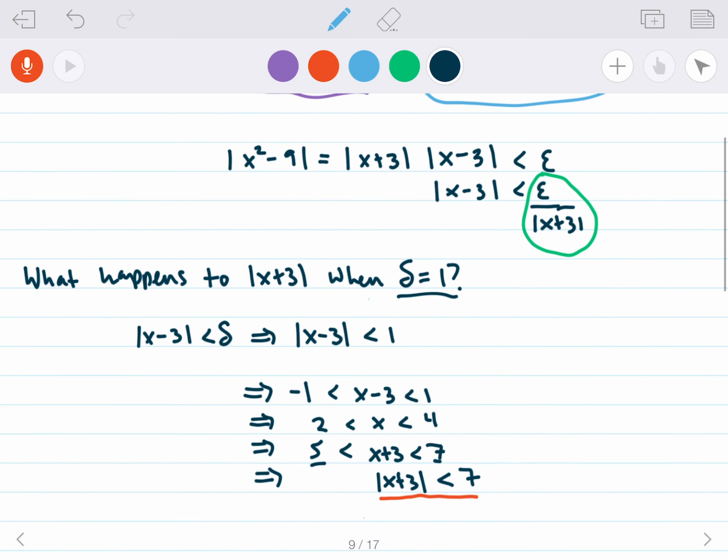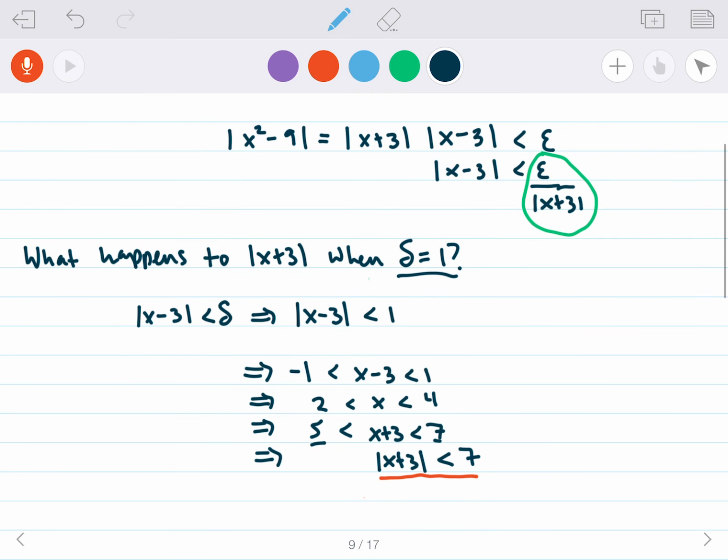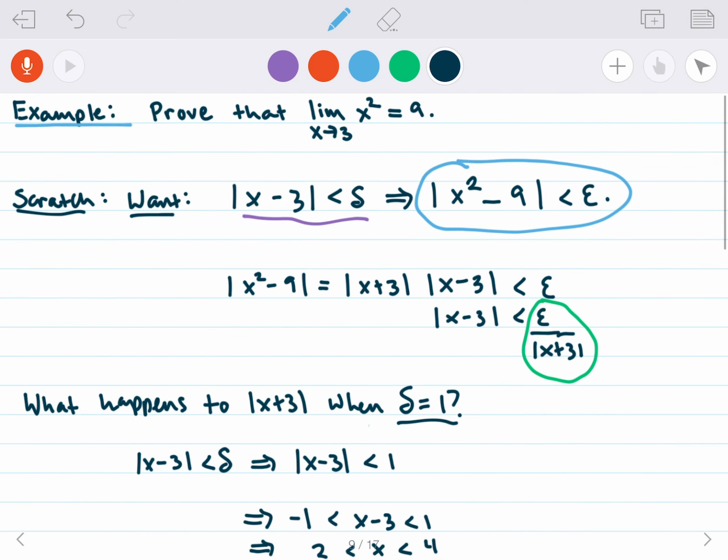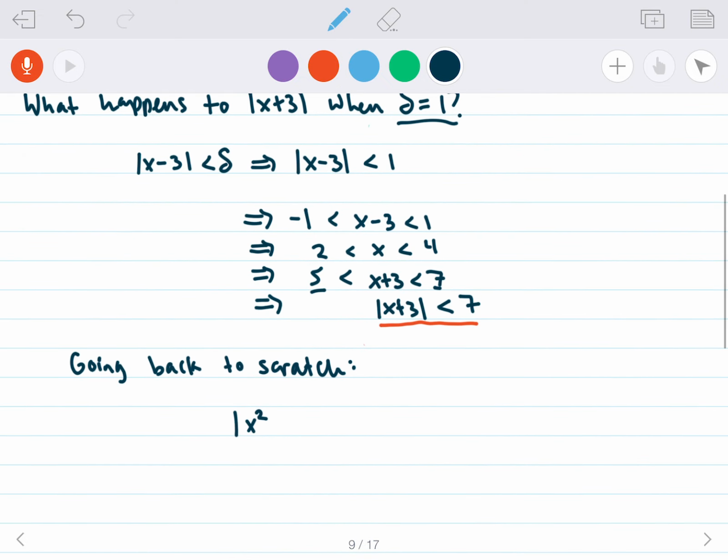then if I go back to the scratch work, I had x squared minus 9 is equal to x plus 3 times x minus 3. Again, we want this less than epsilon.